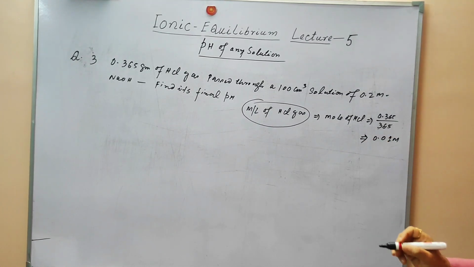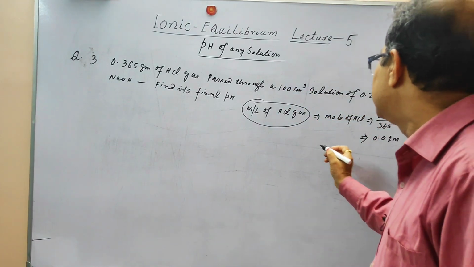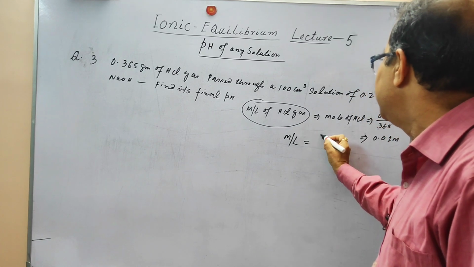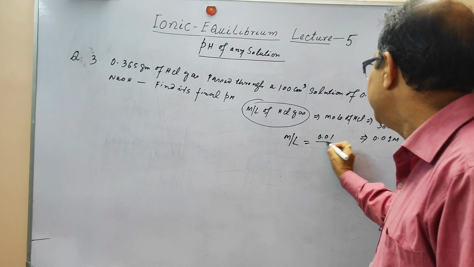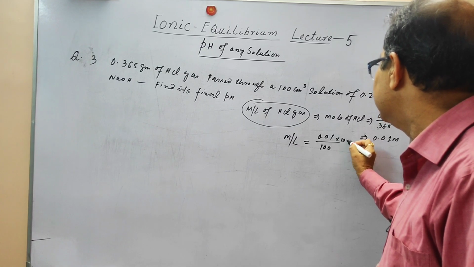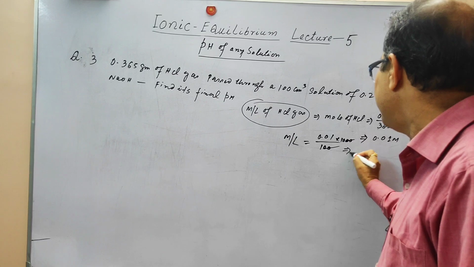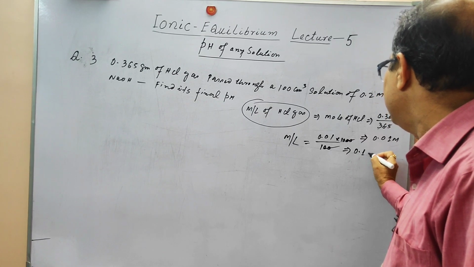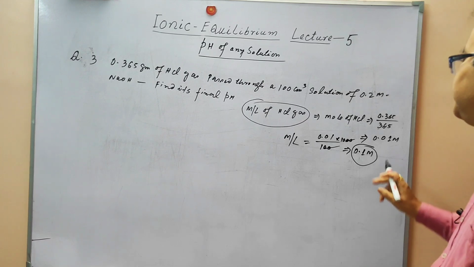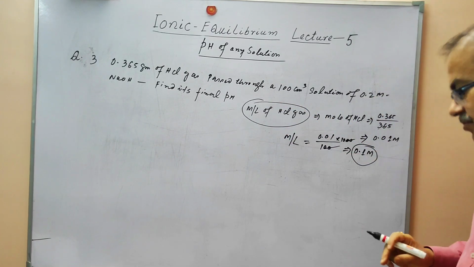So this 0.01 mole has been found in 100 centimeter cube of the solution. So the mole per liter of the solution will be the mole divided by 100 into 1000, so it will be coming around 0.1 mole. So 0.1 mole of HCl will neutralize 0.1 mole of NaOH.